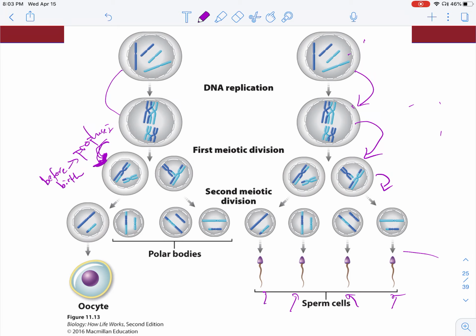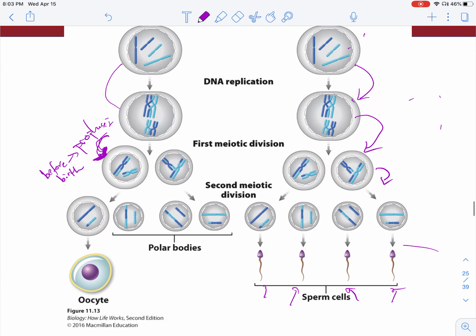the menstruation cycle. And so then what happens is that in the second meiotic division, one of these will become a mature oocyte, and in the other ones the meiotic division occurs, but these become polar bodies, which are basically defunct cells.